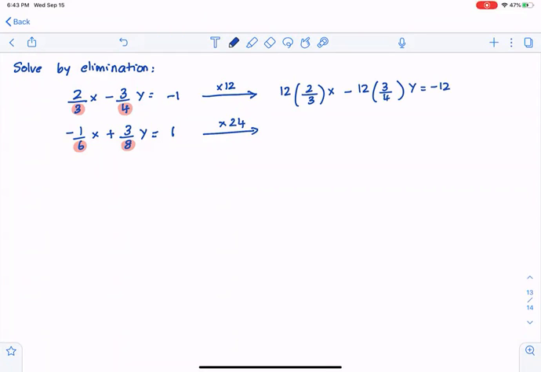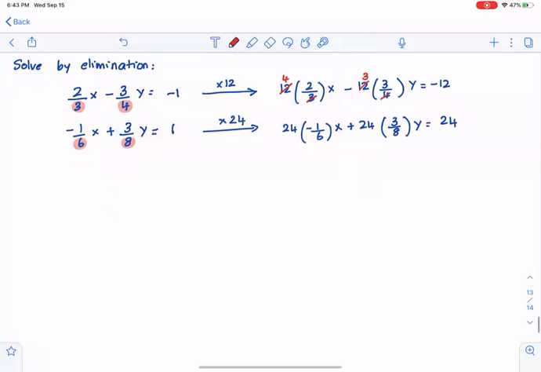Likewise, 24 times negative 1 over 6x plus 24 times 3 over 8y would be equal to 24. 3 and 12 would get cancelled 4 times. 4 and 12 would get cancelled 3 times. 6 would cancel 24 4 times, and 8 and 3.